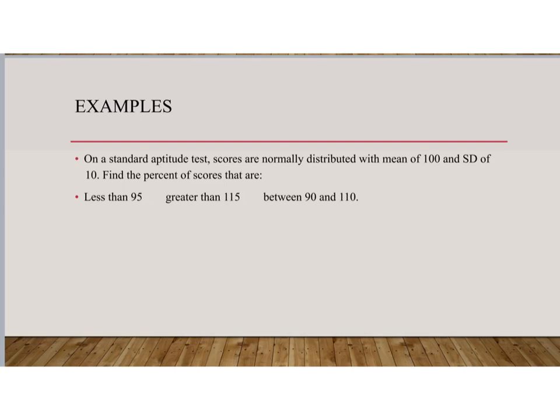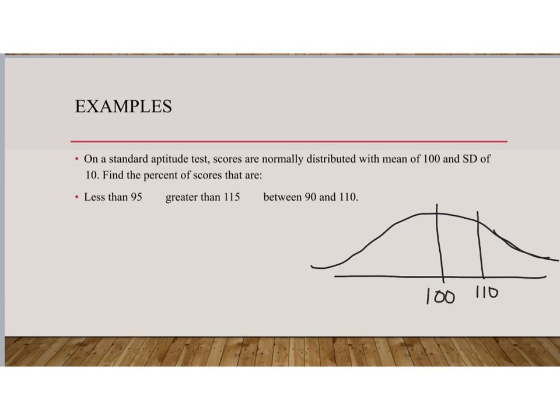All right, so a couple examples. Standard aptitude test. Scores are normally distributed. Right away when I know that, I'm going to make my normal curve. It says it has a mean of 100. I'm going to put 100 right in the middle. And a standard deviation of 10, which means if I go 110, 120, 130, I have those memorized percentages.